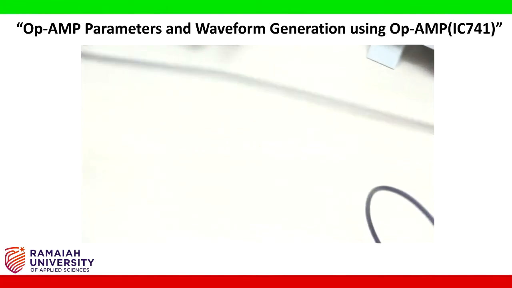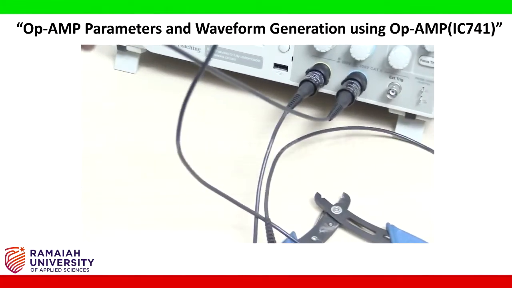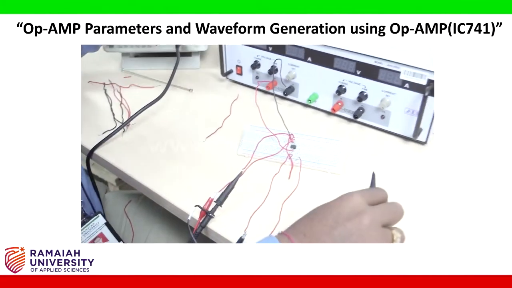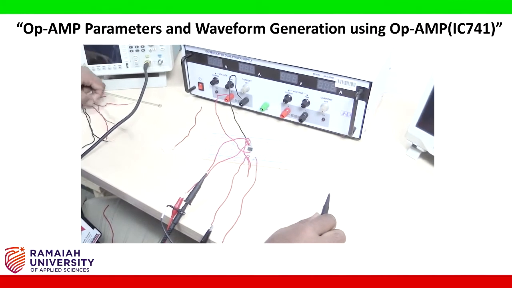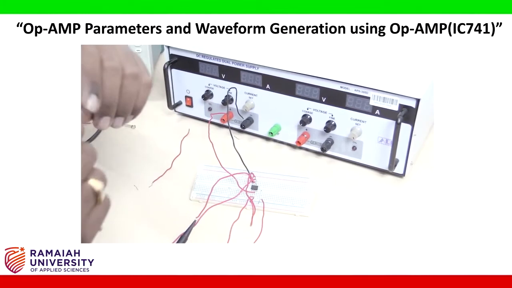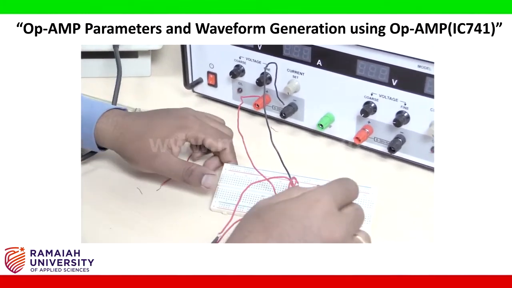So now I am going to connect the output terminal. The output terminal will be measured at terminal number 6. Now I am taking the wire, I connect the positive to the output terminal number 6.